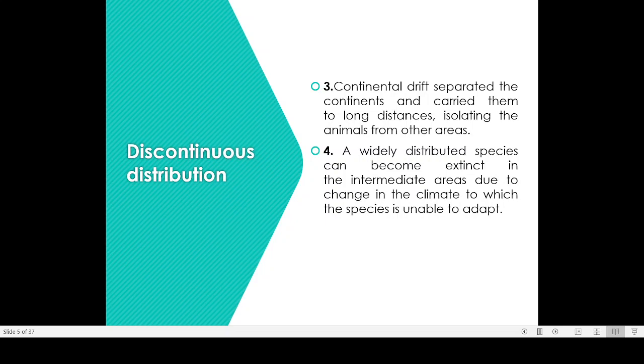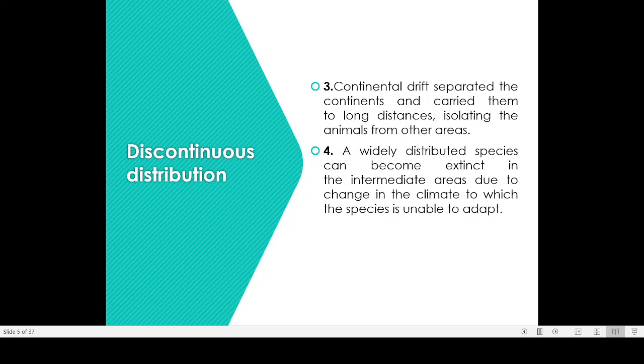That's how continental drift, or separation of continents, resulted in the formation of new species. That is the case of Indian lion and African lion, Indian cheetah and African cheetah. There are so many other examples, but these are some prominent ones which you can easily remember.